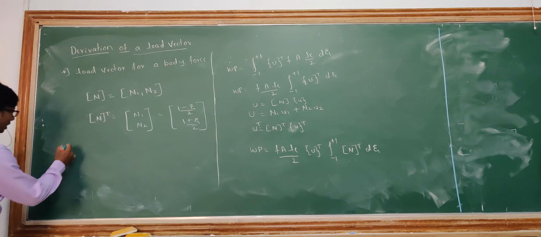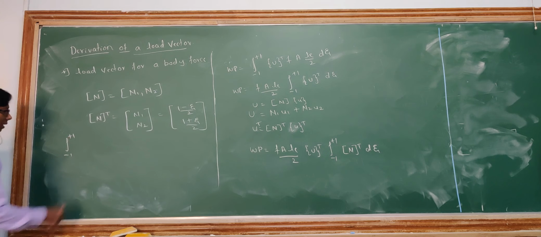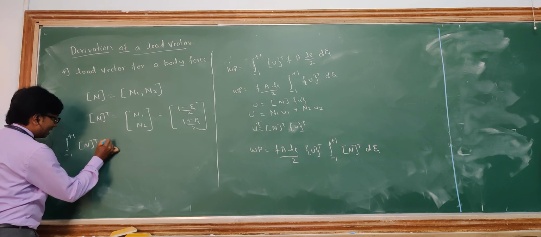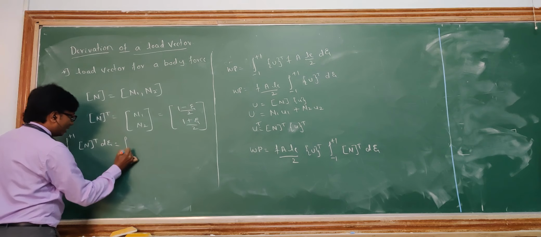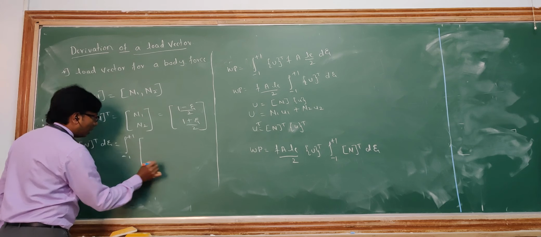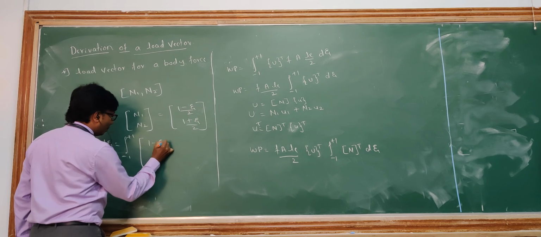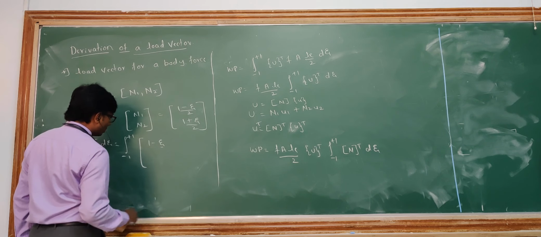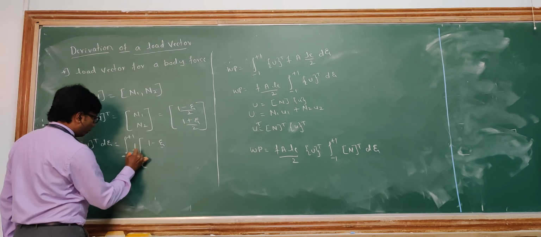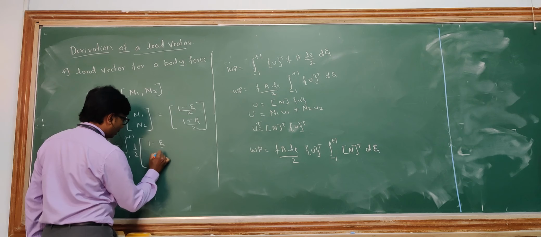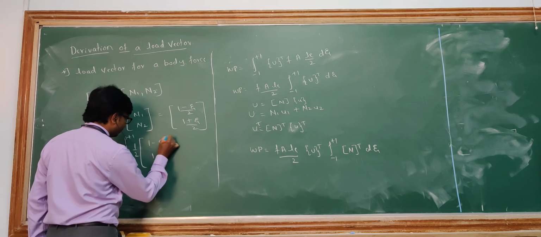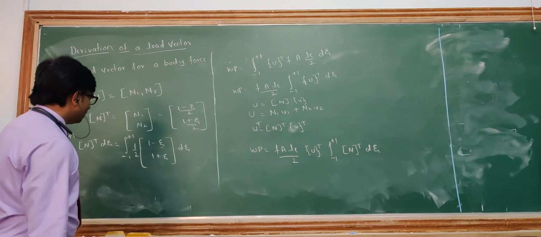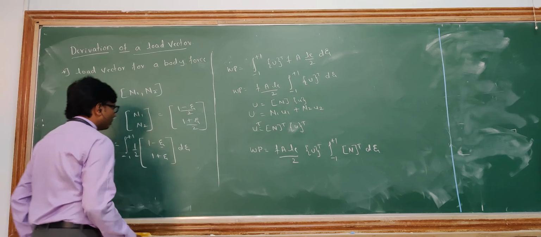So integration -1 to +1 of N transpose d zeta will be integration -1 to +1; I'll take 1 by 2 outside, then (1 minus zeta) and (1 plus zeta) into d zeta. So you have to do the integration for this and put in the limits.